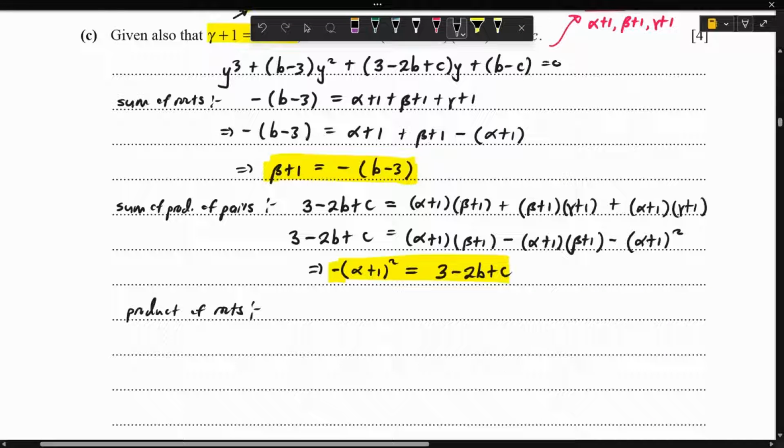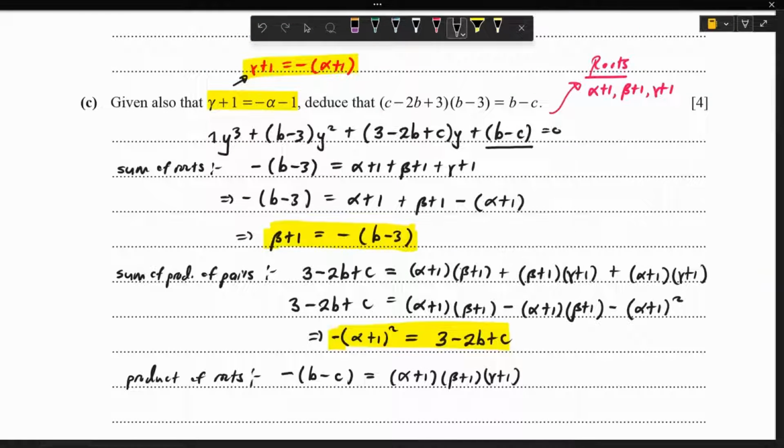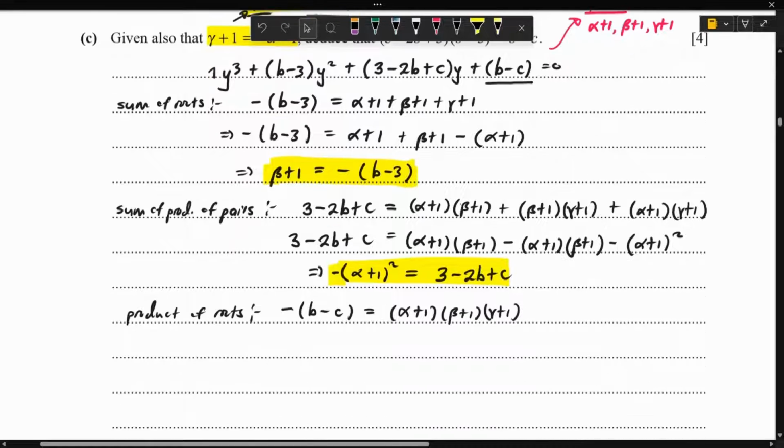For the product of roots, this is going to be minus of the constant over the coefficient of y cubed. So that's minus of b minus c. And that's equal to the product of the roots, which is alpha plus 1, beta plus 1, and gamma plus 1. Now, we are using the result that gamma plus 1 is minus of alpha plus 1.